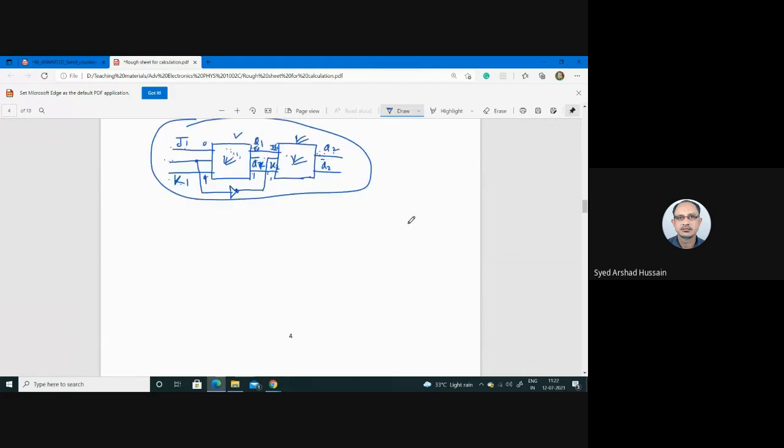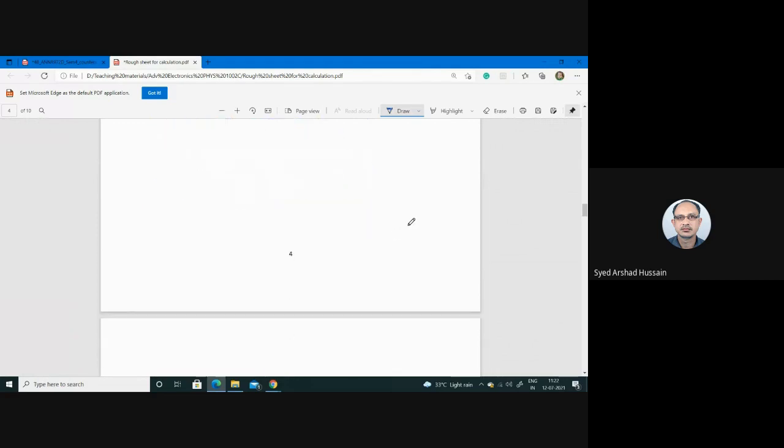Then we have the delay D flip-flop. In D flip-flop, it was simply a case like this. Say your JK or SR, whatever may be, simply like this, you will give like this.